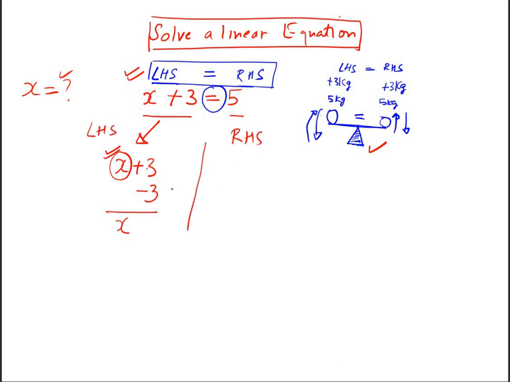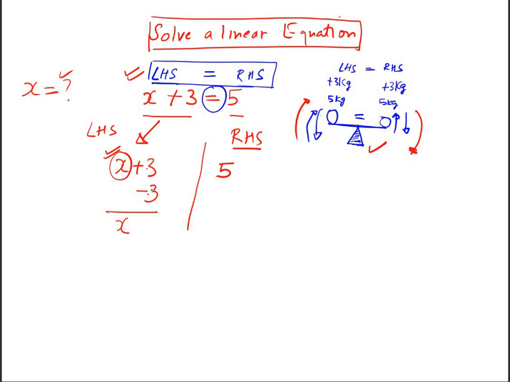Now, if I take off 3 from the left-hand side, keeping the right-hand side as is, the left-hand side will be lighter and it's going to go up, and the right-hand side will go down. So this will disbalance the equation.